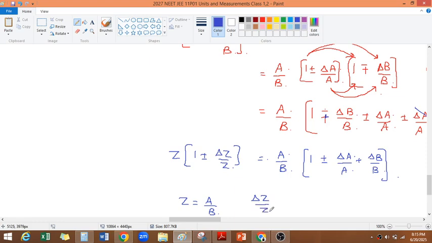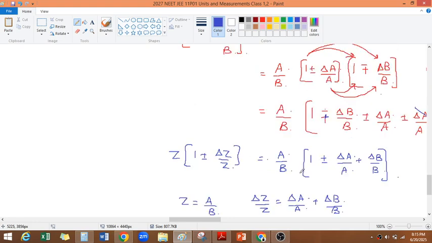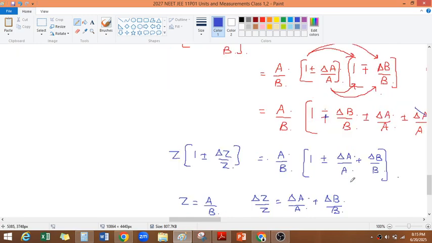Delta z by z is equal to, what this shows you is, even for division you will get the same answer as multiplication. Okay, but in your school exams, if they ask you the derivation, you should know how to do this derivation.